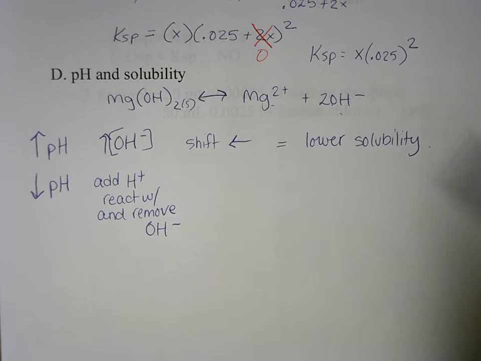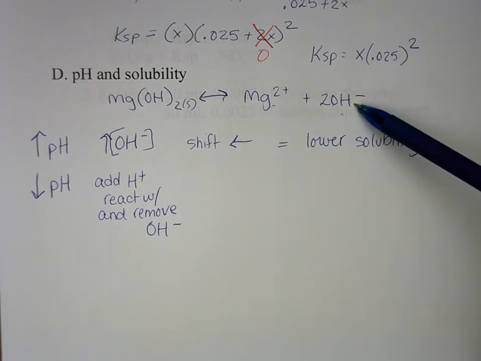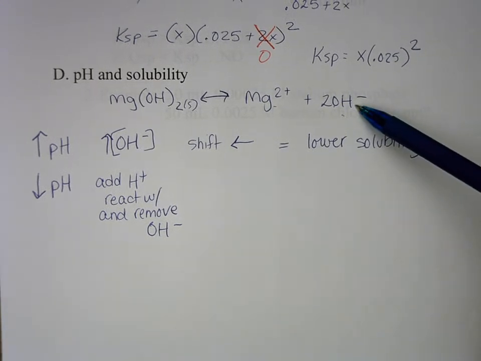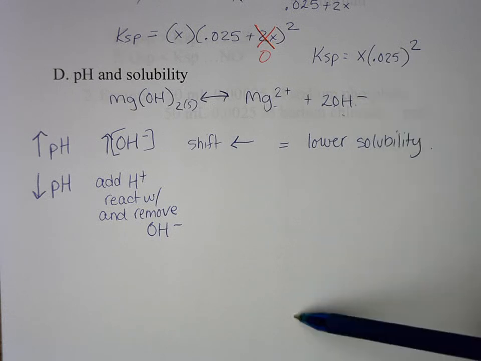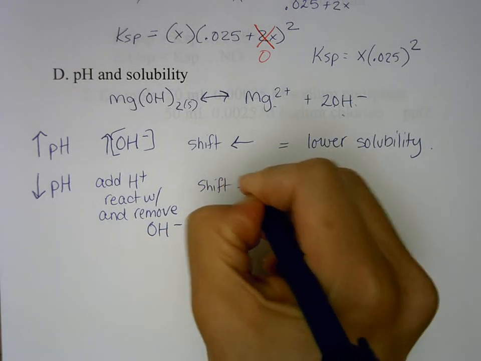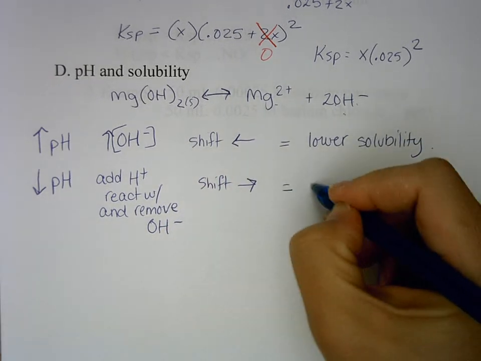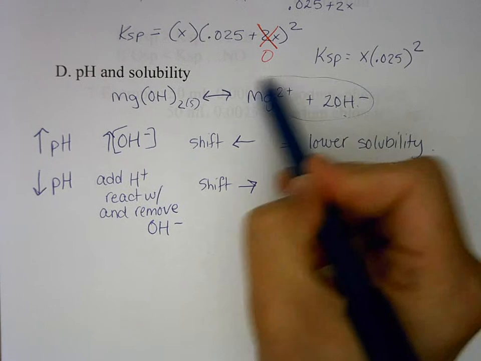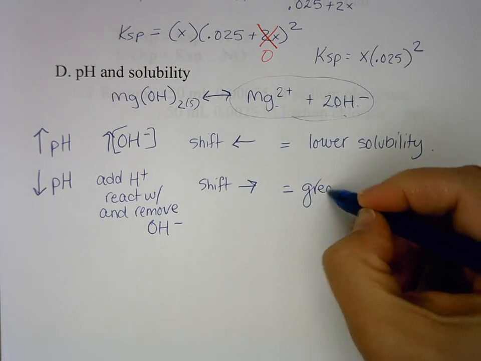If I take away hydroxide ions, according to Le Chatelier's principle, which direction is this going to shift? It's going to shift to the right. And if it shifts to the right, that means it's going to make more of those things. So it's going to have greater solubility.